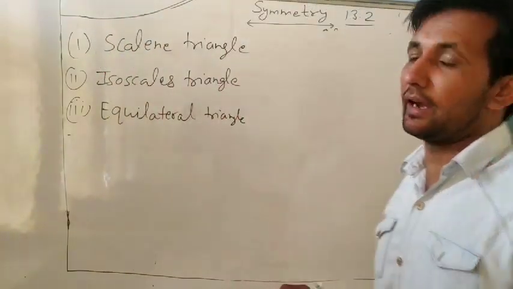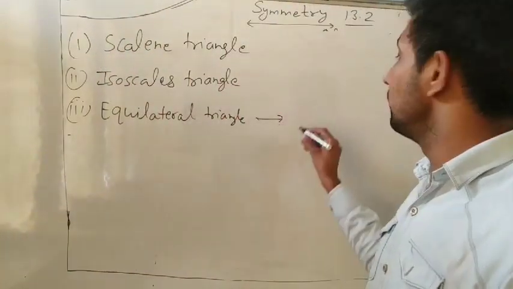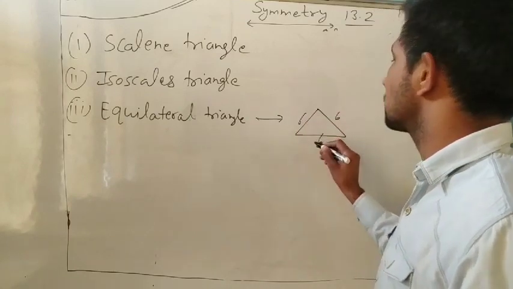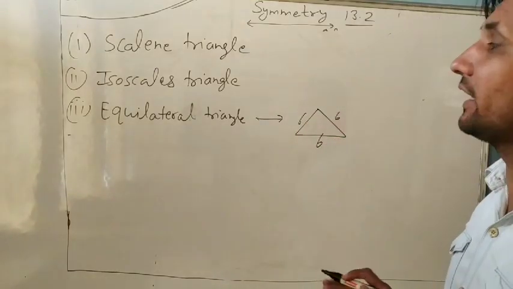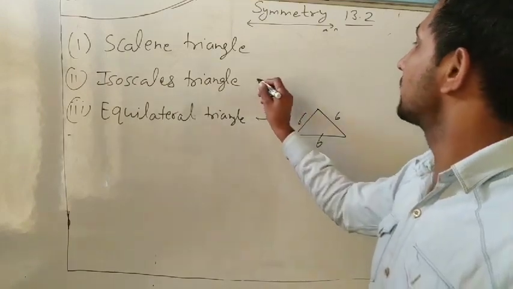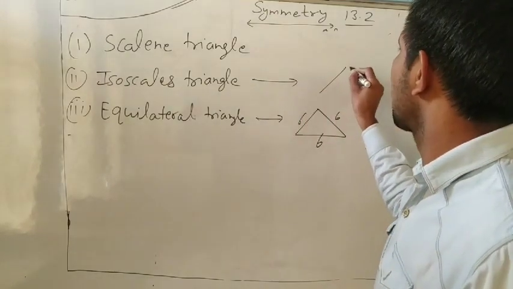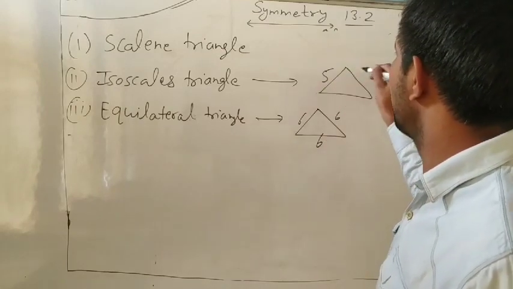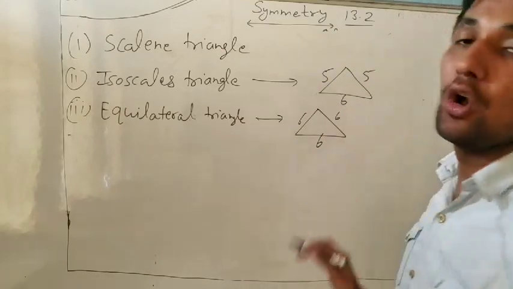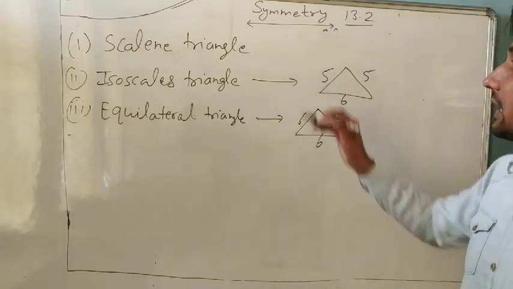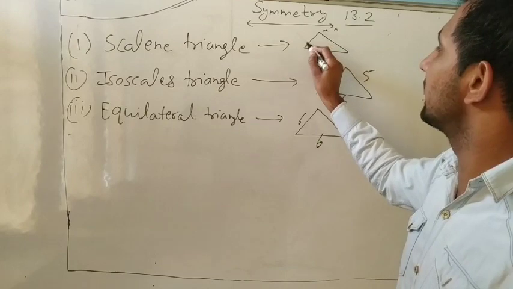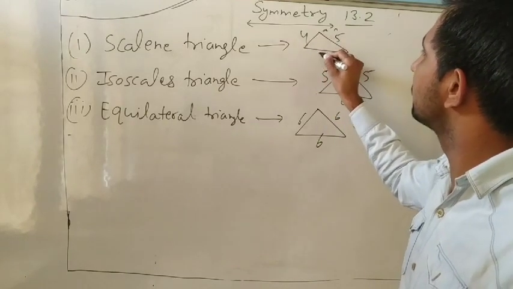An equilateral triangle, I am repeating, is a triangle in which all 3 sides are equal. 6, 6, 6. If all 3 sides are equal in any triangle, it is equilateral. An isosceles triangle is a triangle in which only 2 sides are equal. Suppose 5, 5, 6. Only 2 sides are equal. And a scalene triangle is a triangle in which all 3 sides are different. 4, 5, 6.